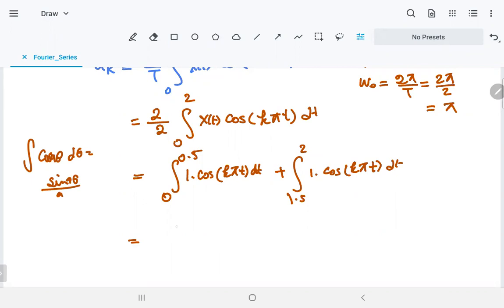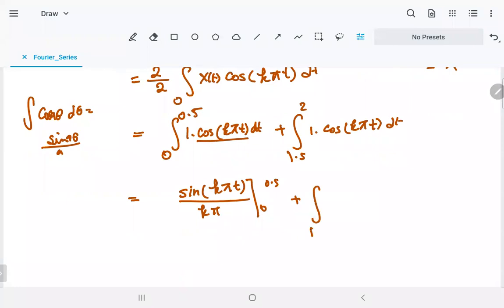So the integration of cosine is equal to sine of whatever is inside, k pi t, over whatever is in front of t, because I'm integrating with respect to dt. So divided by k pi, with the limits of integration 0.5, plus the other one, 1.5 to 2.